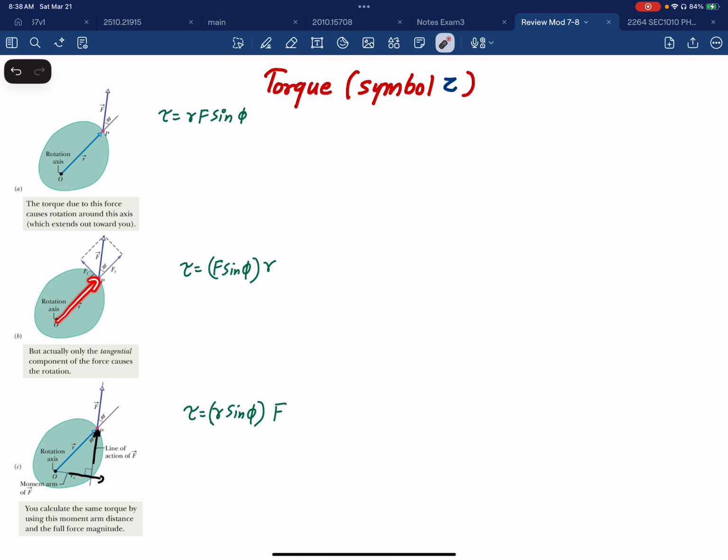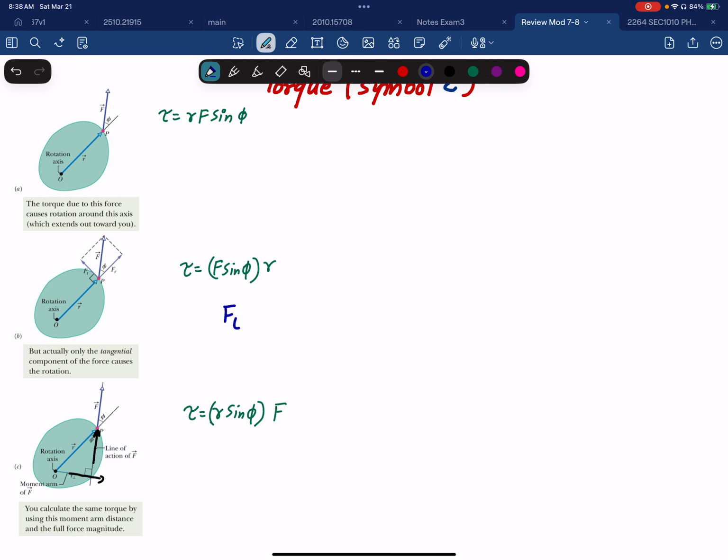So you don't change this vector. You say, okay, this is the point of contact. With respect to this vector, what is the perpendicular component of the force which is applied to it? Which is this. This is the F tangential, you may say.